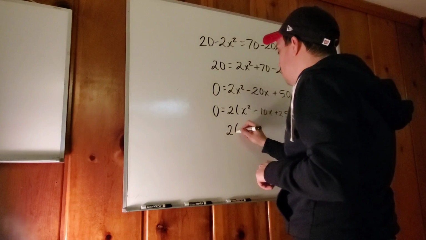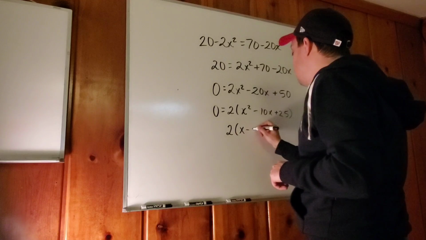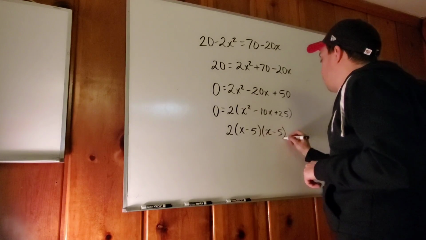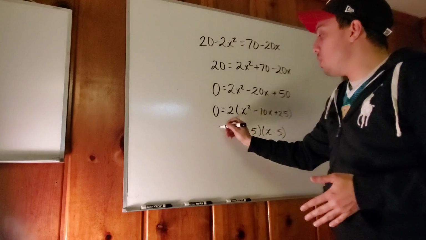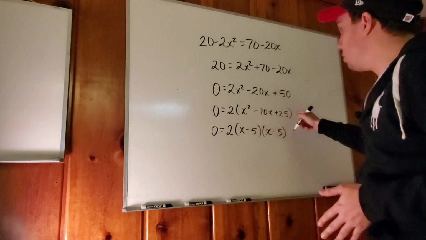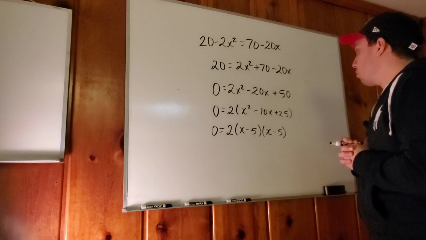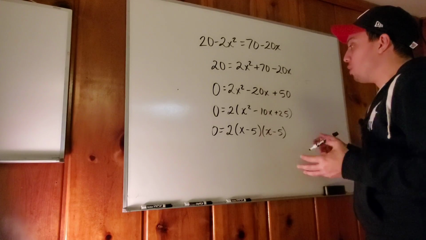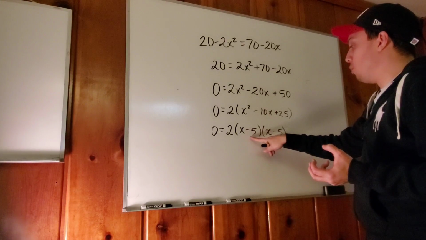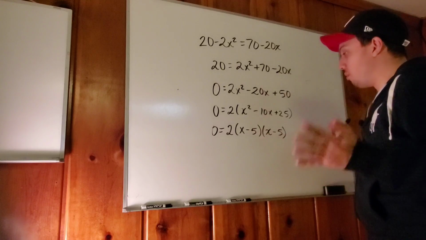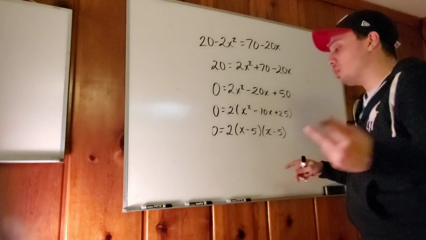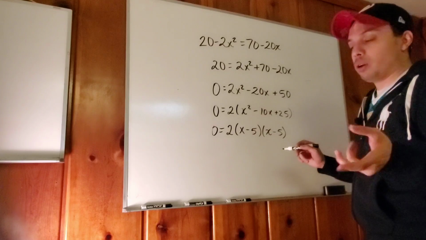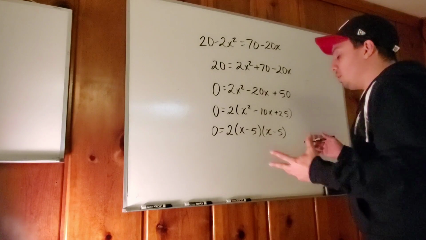So it's going to be 2 times (x minus 5)(x minus 5). Why? Because I have the trained eye and I know that this is the trinomial of the special product of a binomial. This is something that we've gone over before in the lesson. I can't recall the name quite correctly, but it doesn't really matter.